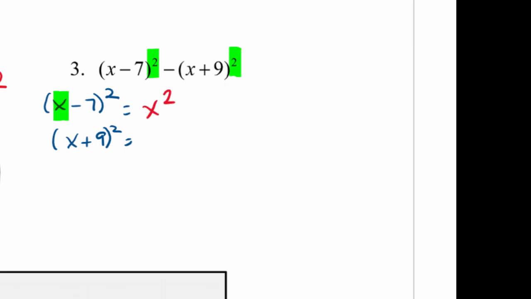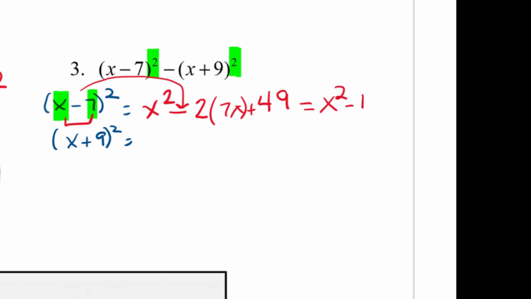Then we're going to take the last term, which is 7, and we're going to square it, and just leave some room. So that's 49. Our middle sign will be negative because these are going to match, right? And now we take double the product. So multiply 7 times x, and we take double that, so 14. So here we get x squared minus 14x plus 49.